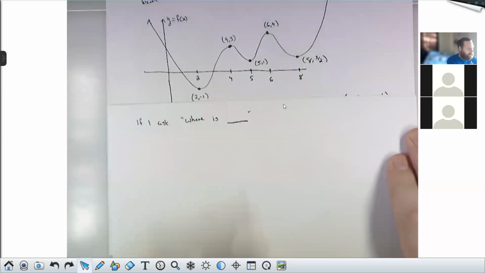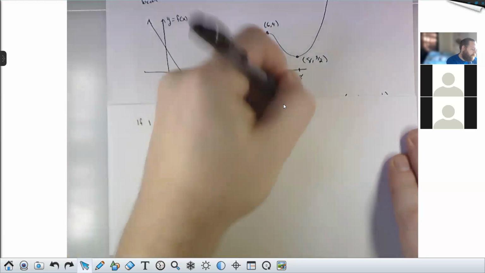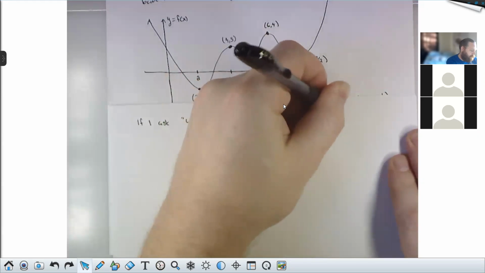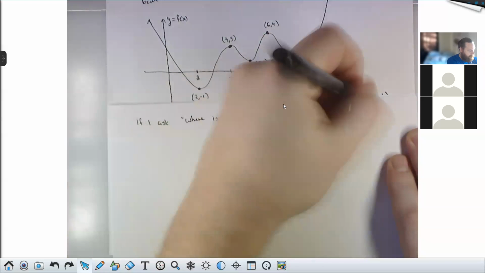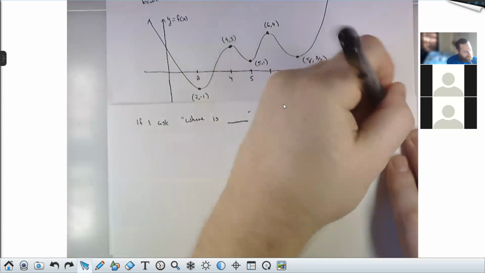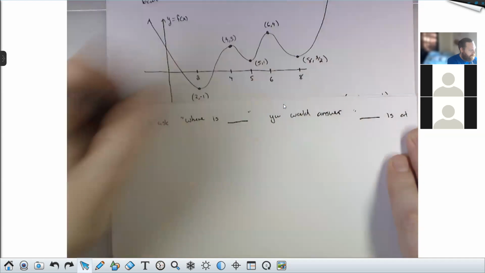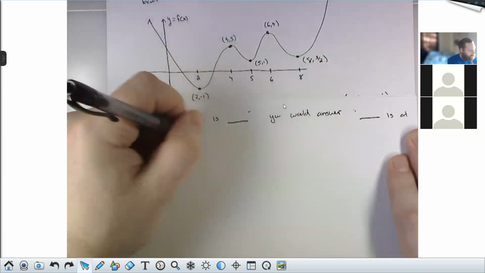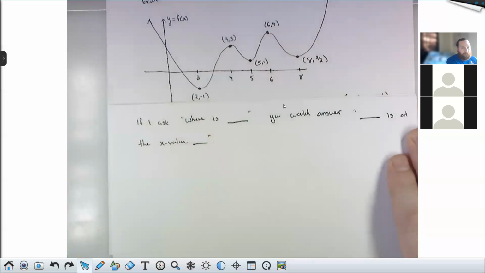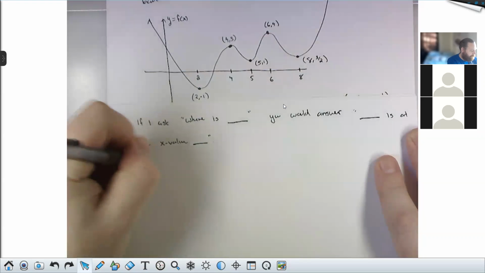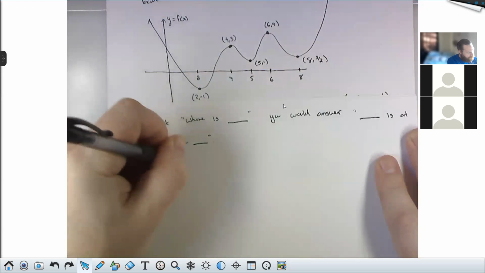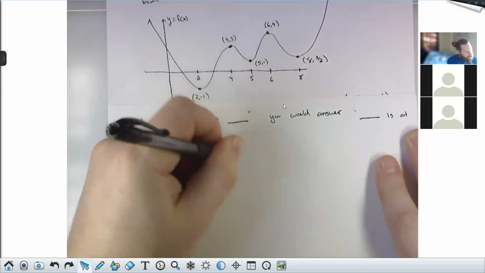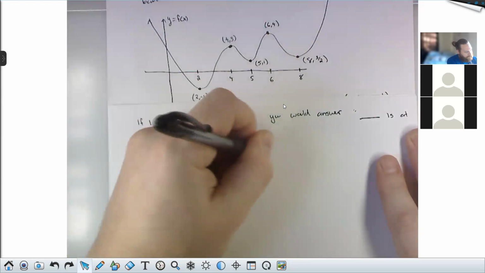Where is the max? You would answer, blank is at the x value, right? In other words, where means at what x value.